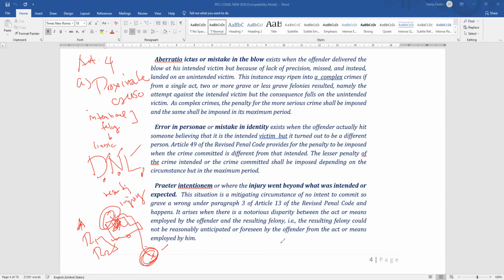But remember that tatandaan nyo, kung merong proximate, hindi lahat proximate cause. At meron ding intervening cause. Magkaiba ang kanyang consequence. This is under Article 4, Paragraph 1.